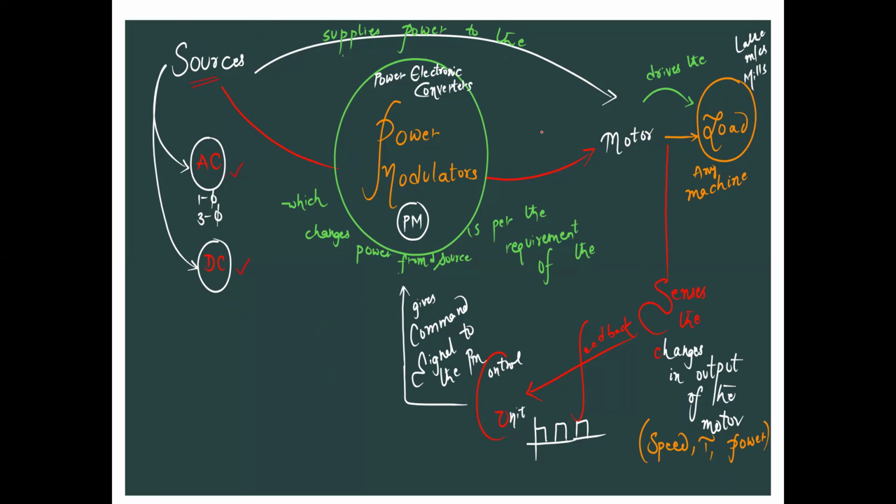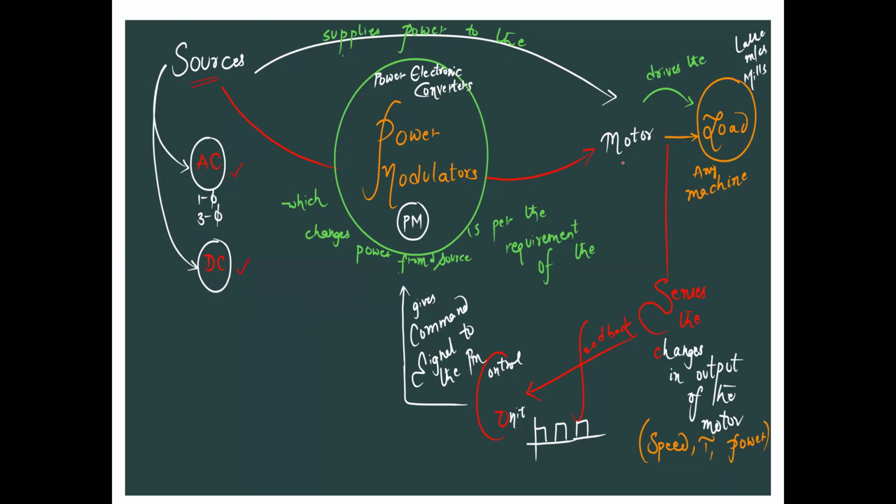But unfortunately, we come across one more part here, the modulators. And don't forget, this plays a crucial role. The power modulator is nothing but a unit which changes power from the source as per the requirement of the motor. We can observe in our household appliances, for example a fan rotating at 500 RPM, but I would like to reduce the speed of the fan.